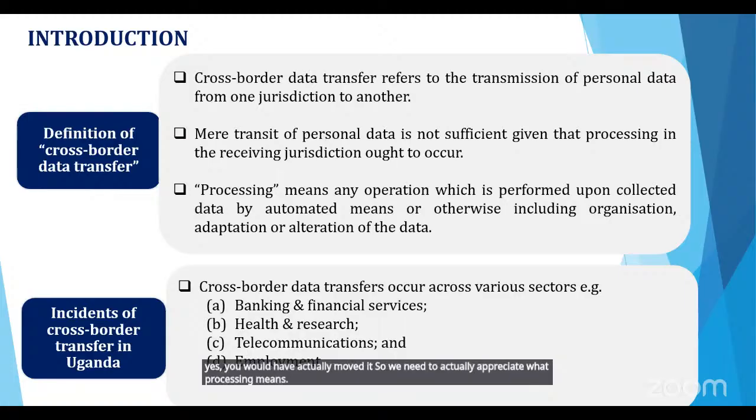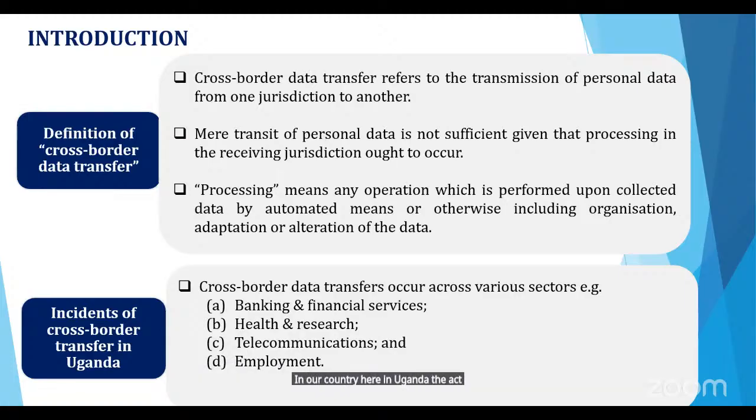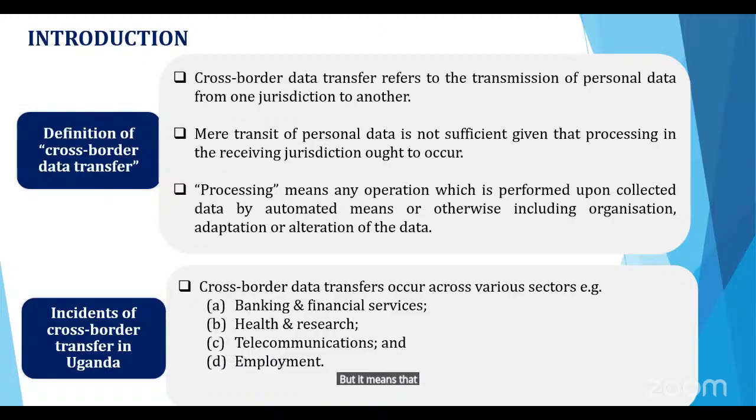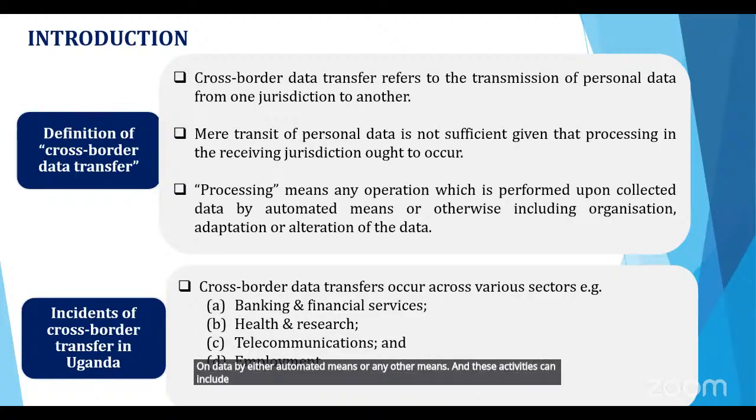In our country here in Uganda, the Act provides for a definition of processing, which is quite broad. It's actually not an exhaustive definition, but it means that processing can occur when any operation has been performed on data by either automated means or any other means. And these activities can include organizing the data, adapting the data, or altering it.